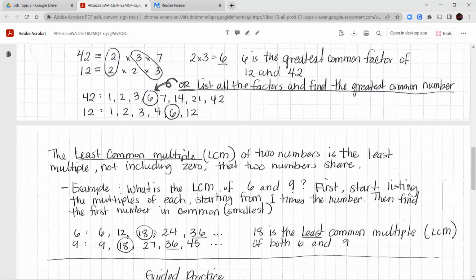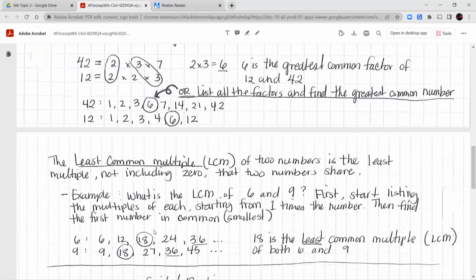So when you're looking at multiples, right, you're thinking about multiplication tables. So here, if I want to find the least common multiple of the number 6 and the number 9, I'm going to list all the multiples of 6.